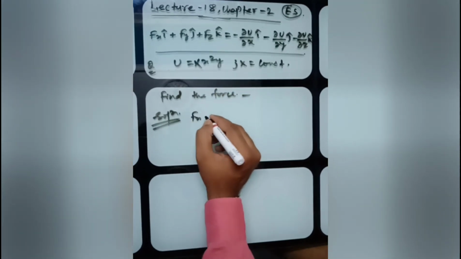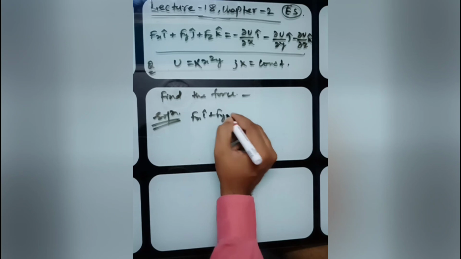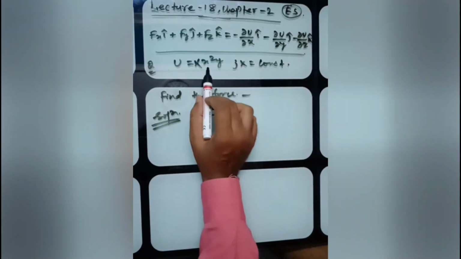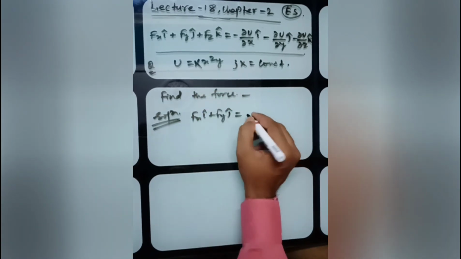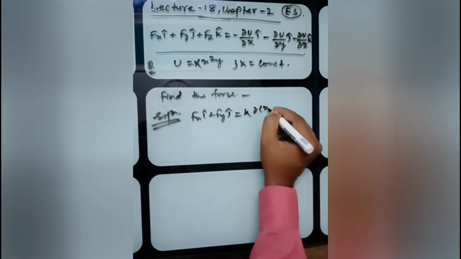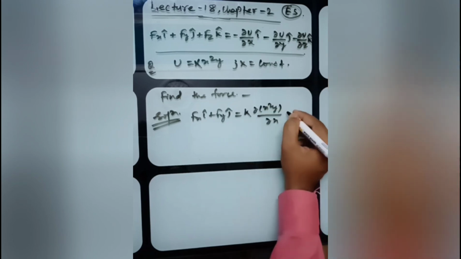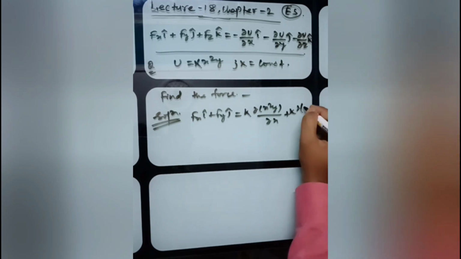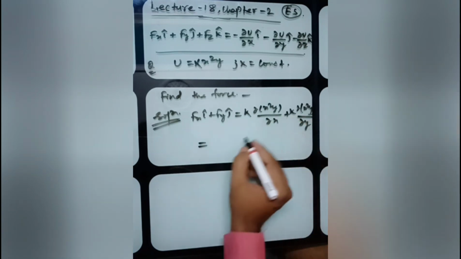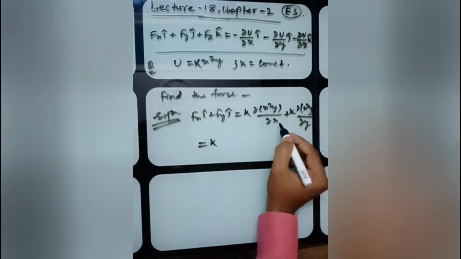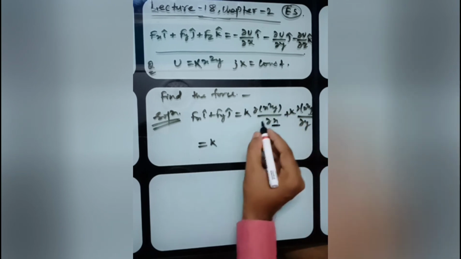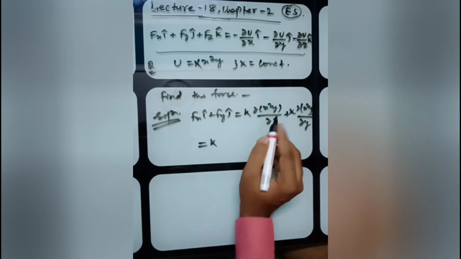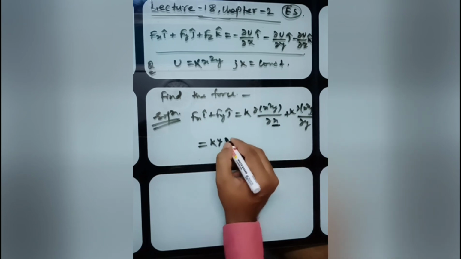So the force is Fx i plus Fy j. Since the quantities vary only over x and y, we write the force in x and y. So it is minus k del of x square y by del x i, plus minus k del of x square y by del y j. Here we have to find the derivative of this function with respect to x, so x is the variable and y is constant.